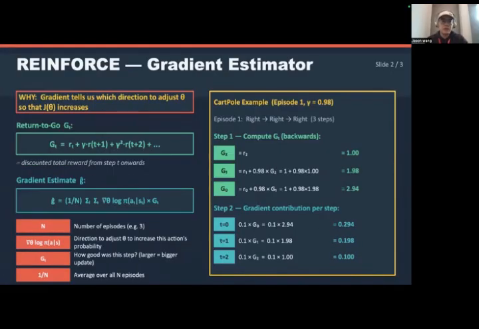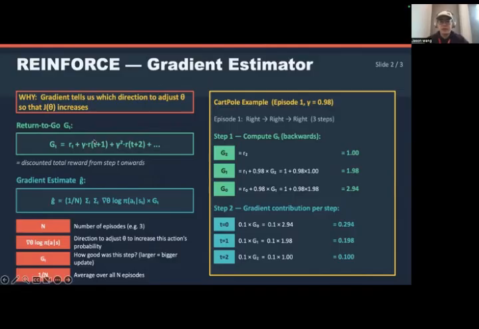So how do we make J of theta higher and higher? We use the gradient. The gradient tells us which direction we should adjust theta so that J of theta increases. With the gradient, we can move the policy step by step toward better performance. Before computing the gradient, we first need to compute the return-to-go for each step.